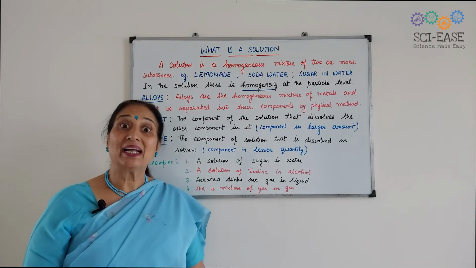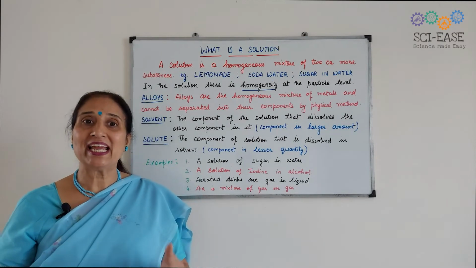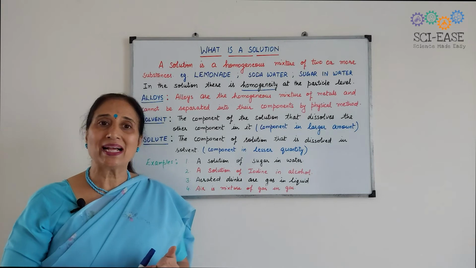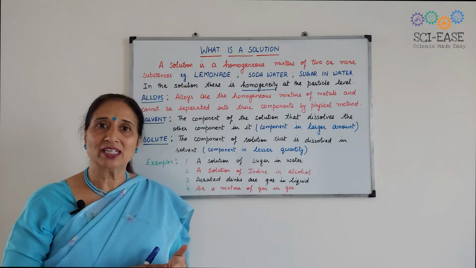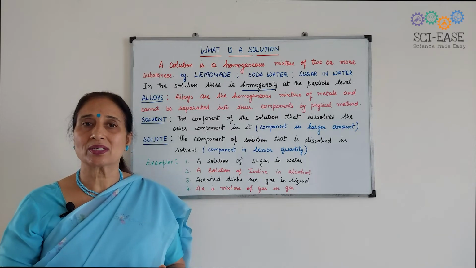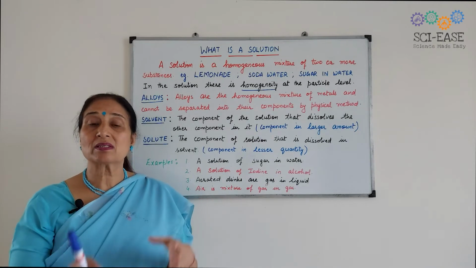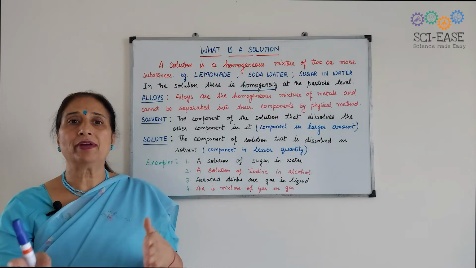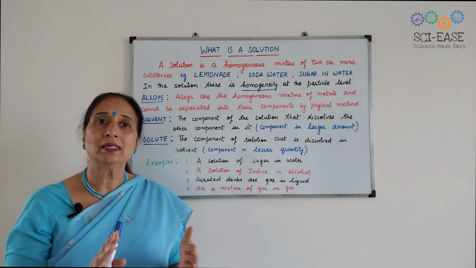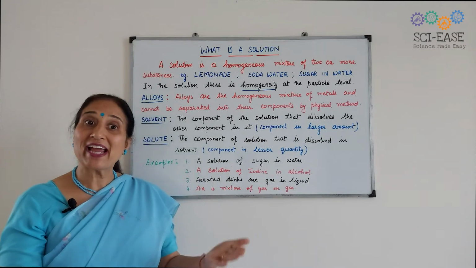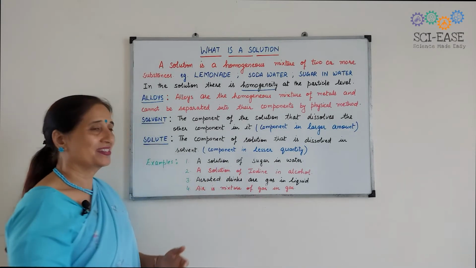You know that air is a mixture of many gases. The main two gases are 78% nitrogen and 21% oxygen. Apart from this, carbon dioxide, water vapors and inert gases are also present in the remaining 1%. So it is a mixture of gases.